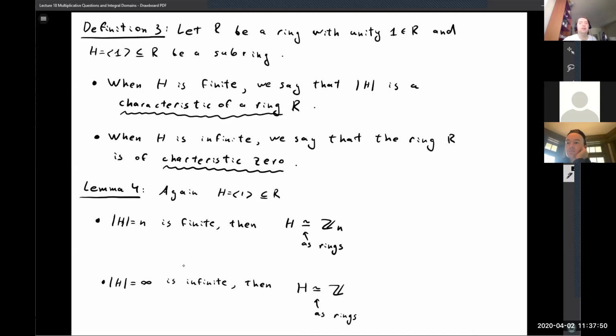So in other words, in every ring with unity, there sits a very special subring, which is either the ring of integers or the ring of integers mod n.